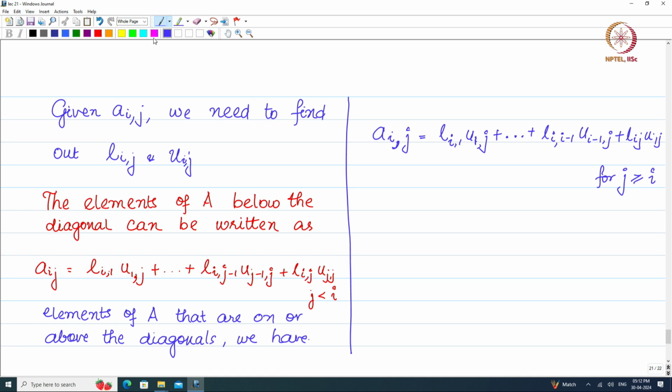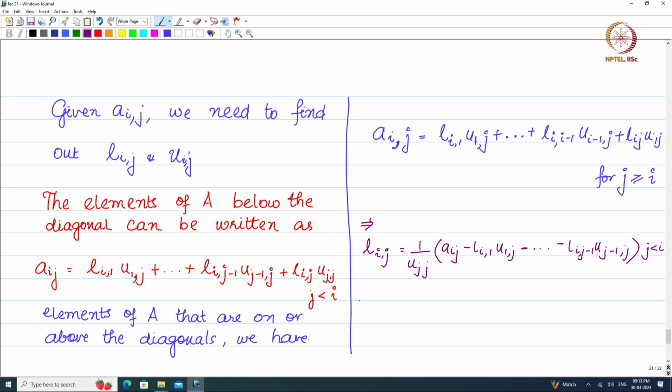So, in a sense, how are we going to get the values of Lij and Uij? This implies Lij is equal to 1 by Ujj into Aij minus Li1 U1j minus etcetera minus Li,j-1 Uj-1,j, and this is for j less than i.